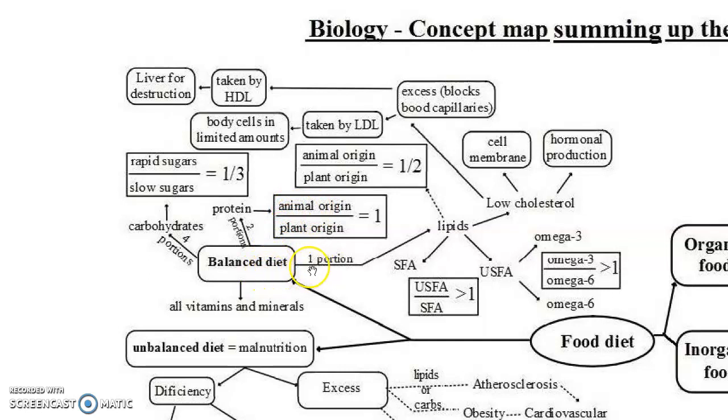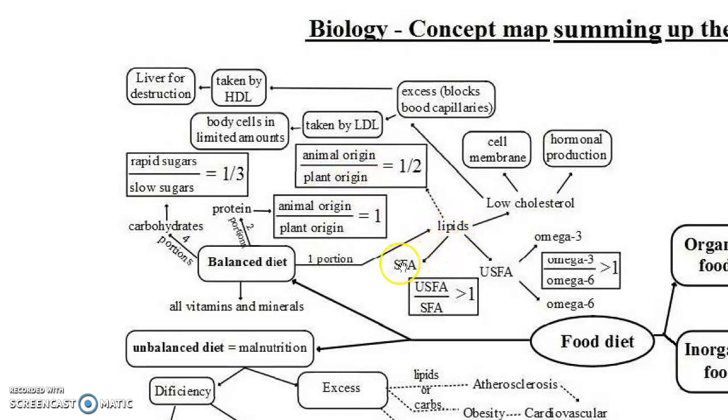In addition, the balanced diet should contain one portion of lipids with respect to the other two portions of proteins and four portions of carbohydrates. And lipids should contain animal origin to plant origin in a ratio equal to 1 over 2. So the amount of animal origin lipids should be half that of the plant origin.